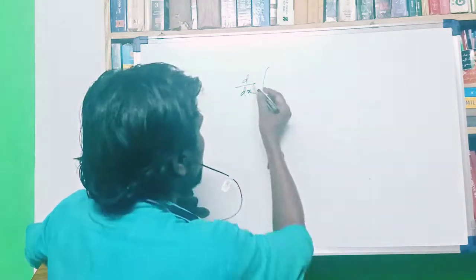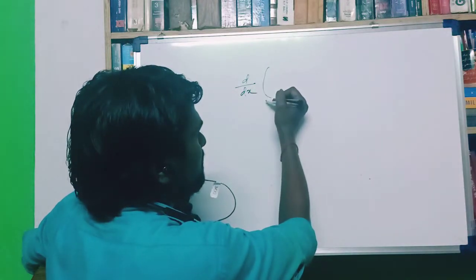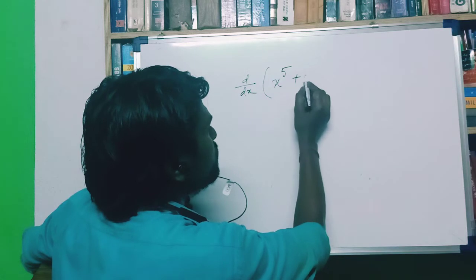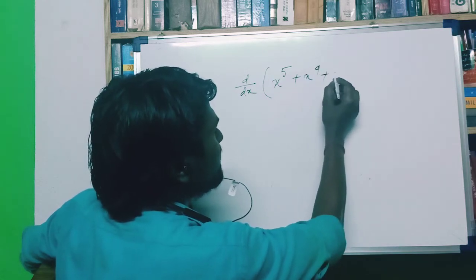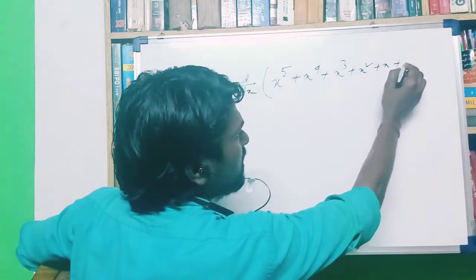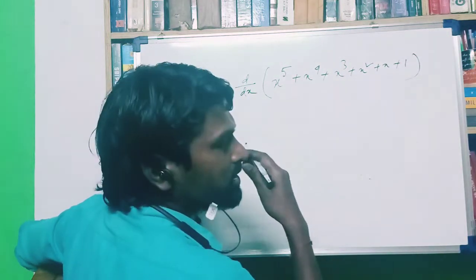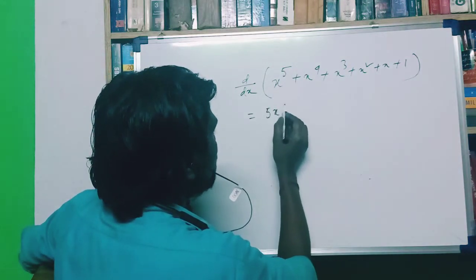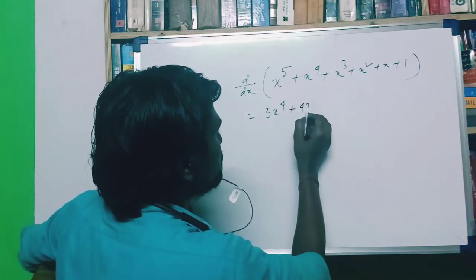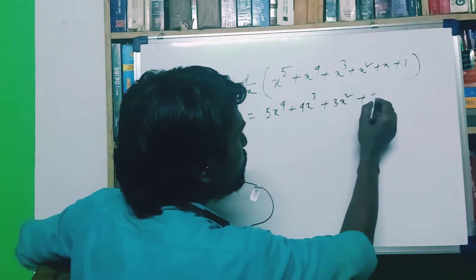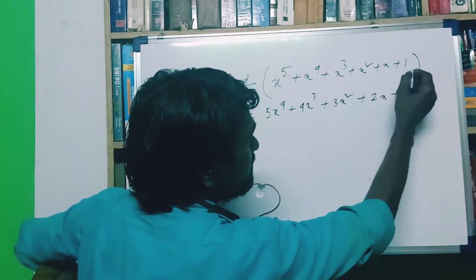So d/dx of x to the power 5 plus x to the power 4 plus x cube plus x square plus x plus 1, and the power is decreasing. So 5x to the power of 4 plus 4x cube plus 3x square, then 2x, then 1.